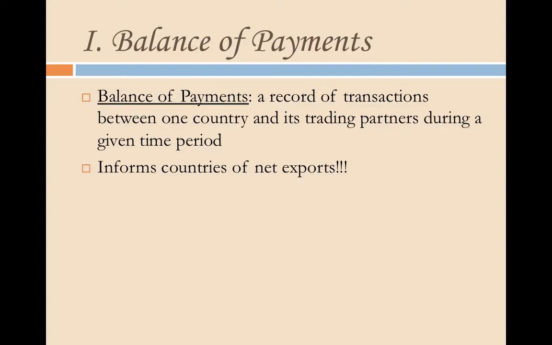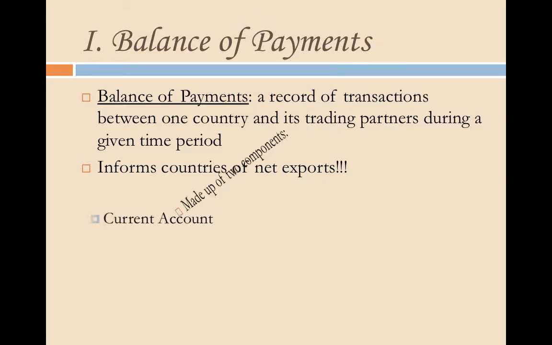We would like money flowing in to our country, not out. We'll get into the specifics in a moment, but think of it this way. When you think about your own wallet, would you like money flowing in or out of it? It's the same way for a country. They would like money flowing in from the sale of exports instead of lots of purchases of imports.